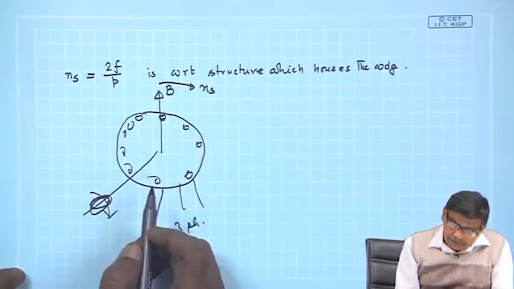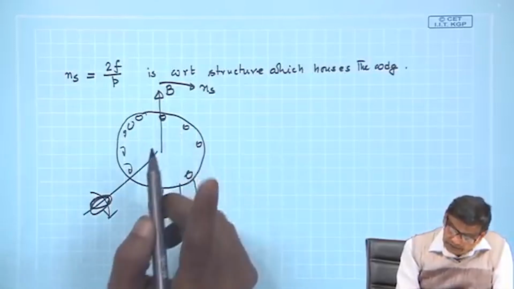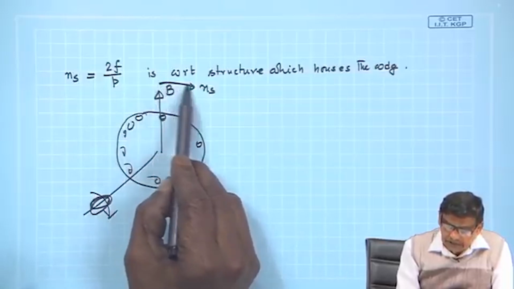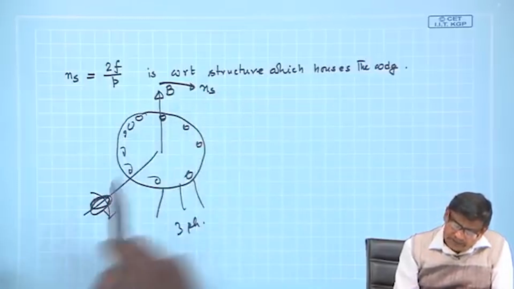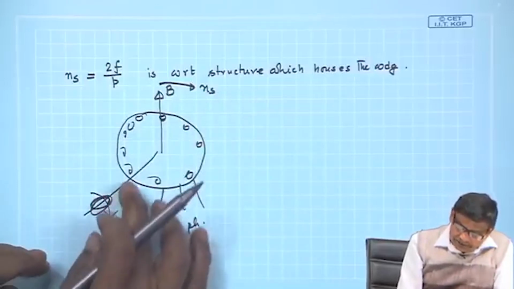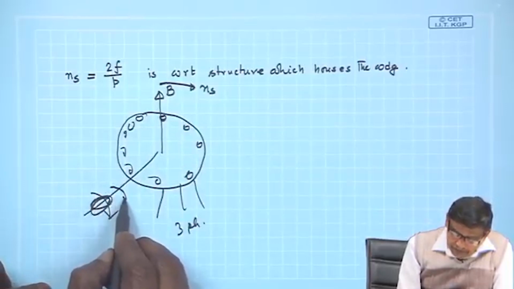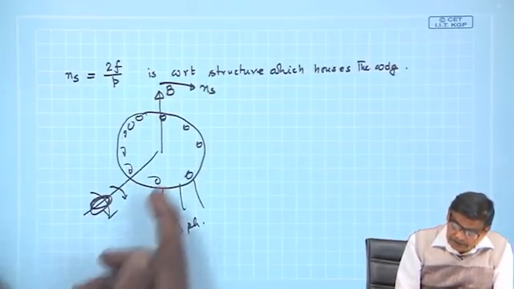Meaning is that if somebody is sitting on the rotor, he will conclude that on this structure with respect to him it is Ns. But you note down that on this rotor I now impose another velocity, which is by mechanical means I am also turning the rotor.